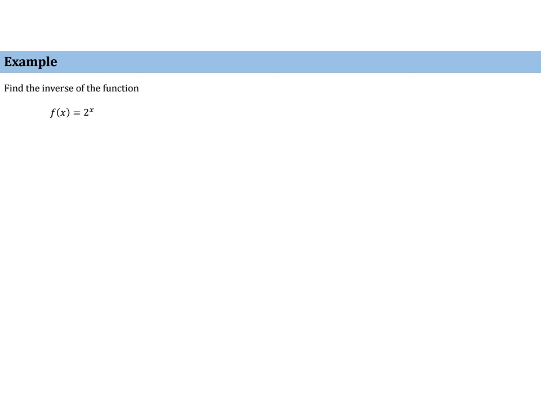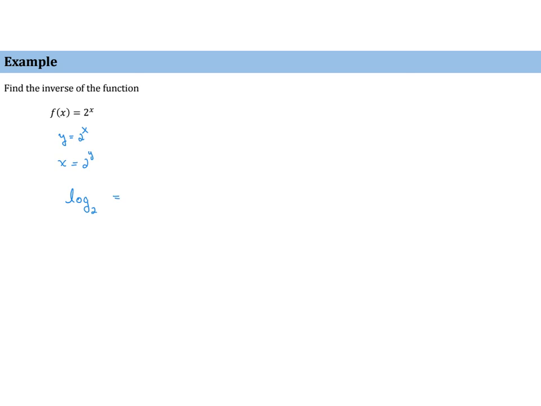So now let's return to f of x equals 2 to the x. So we have y equals 2 to the x. If we swap x and y, we'd have x equals 2 to the y. Now, how do we isolate y? Let's use the logarithm. The base of our logarithm will be the same as the base of our exponent.